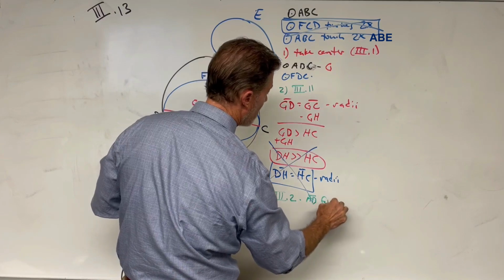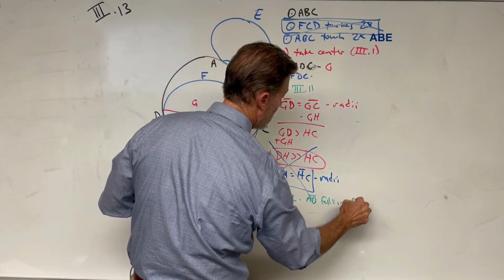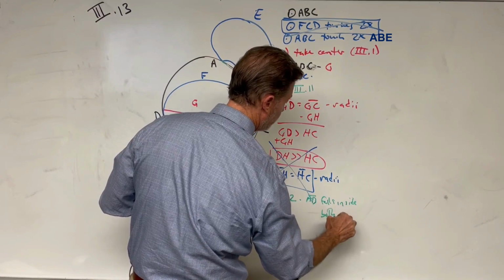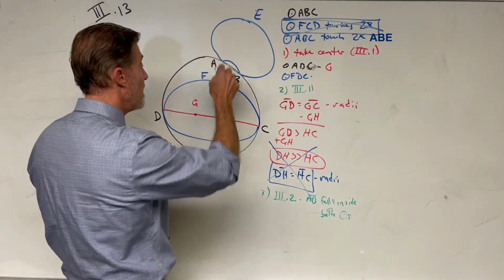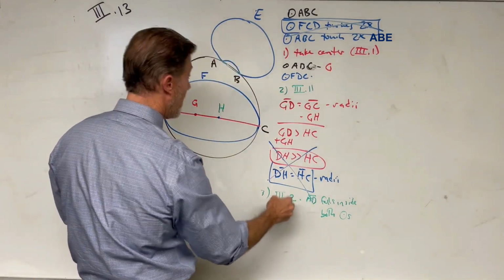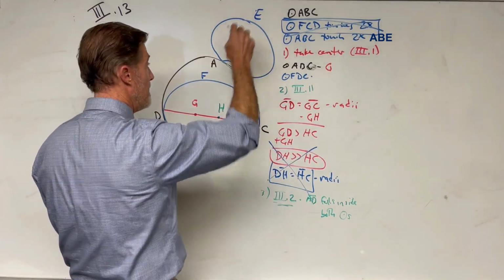Therefore, AB falls inside both circles. It falls inside circle ABC, but it also, by this prop, has to fall inside circle ABE.